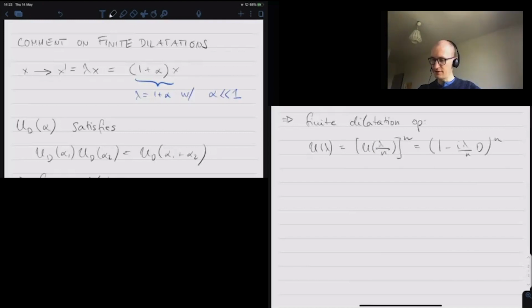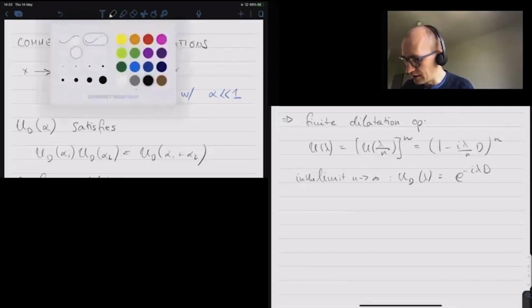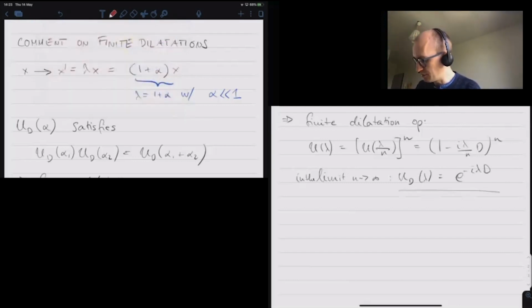And so in the limit n goes to infinity, we just find that U_D of lambda is e to the minus i lambda D. That's something very familiar to you by now, but I wanted to make a note of this because we're going to use this operator when it comes to radial quantization. And so I just wanted to have it written down.